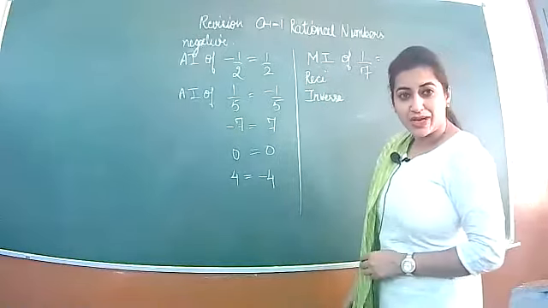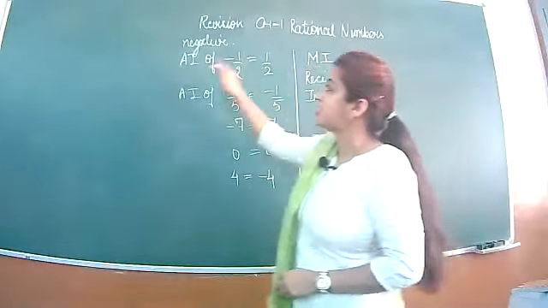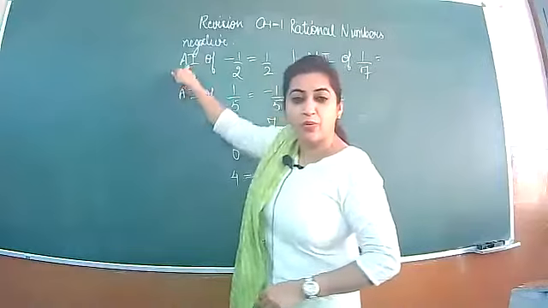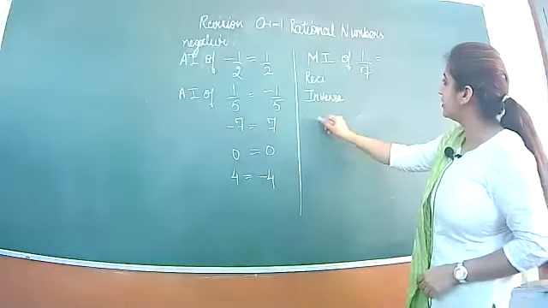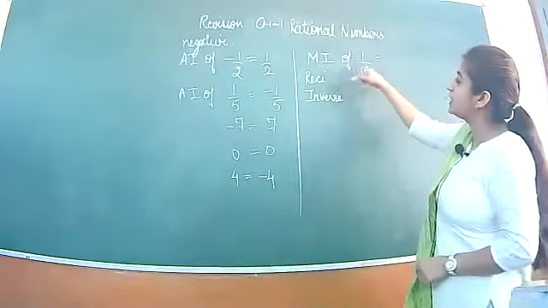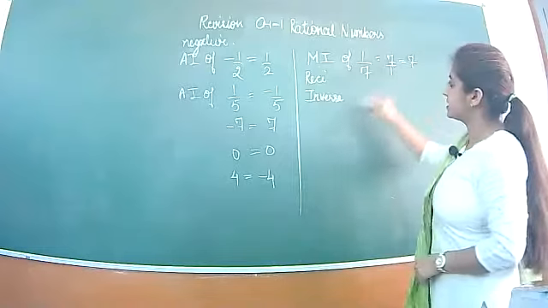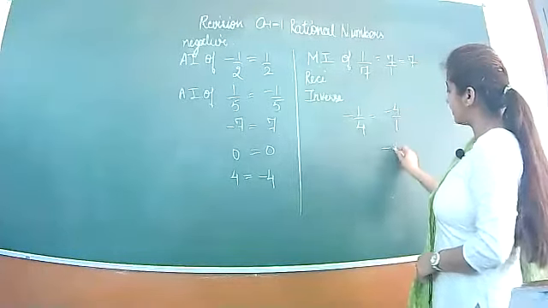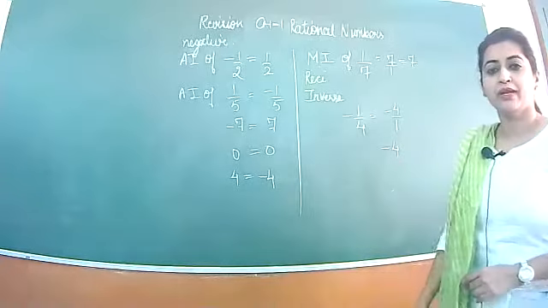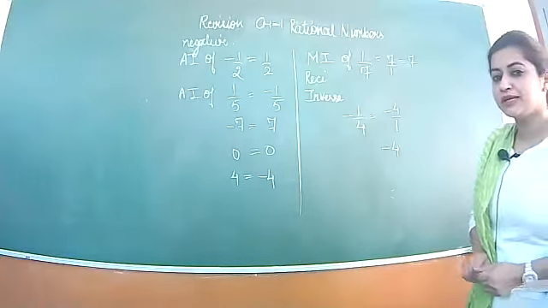So reciprocal and inverse are the same as multiplicative inverse, and additive inverse has one more name, that is negative. The multiplicative inverse of 1 by 7 is 7 by 1, that is 7. Of minus 1 by 4 is minus 4 by 1, that is minus 4. Is it clear? Any doubt?